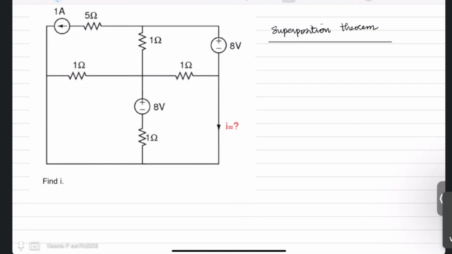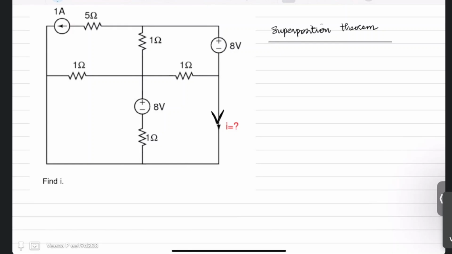In the case of the superposition theorem for a linear circuit where multiple independent sources are acting, you can solve for any voltages or currents at any nodes or branches as the summation of the responses when individual sources act at a time. In this case, you have three sources and you are asked to find the current in this branch.